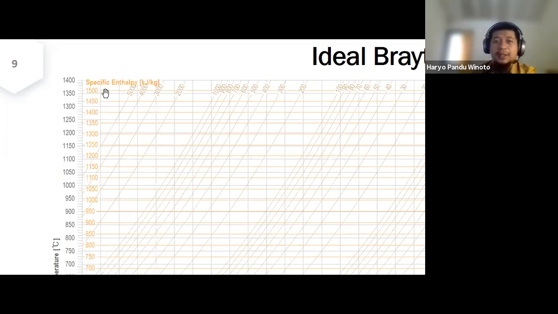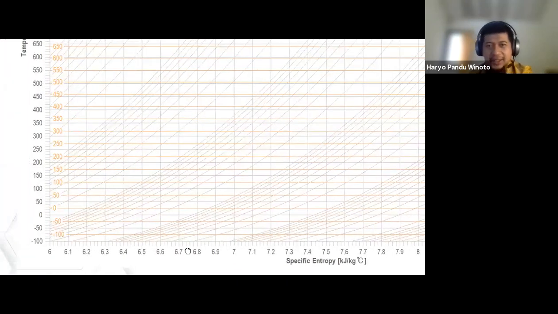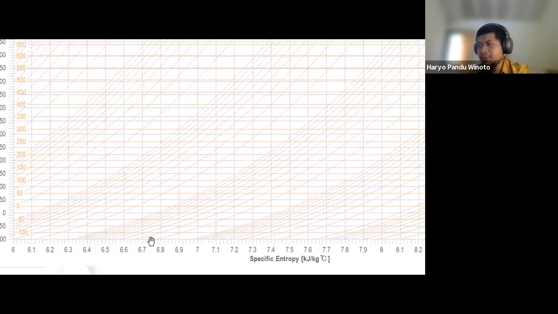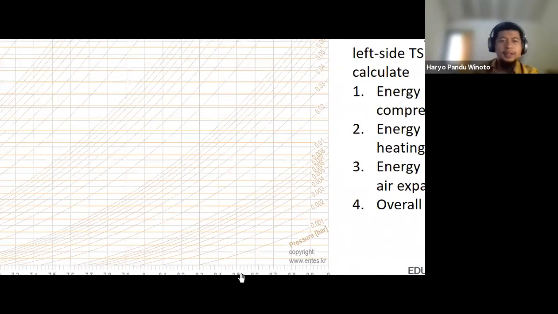And here at the x-axis, the horizontal axis, is the specific entropy. That's all. When you drew it, I believe both Pak Awan and Pak Hendra have already taught you how to draw the Rankine cycle. Same basic, really the same basic.